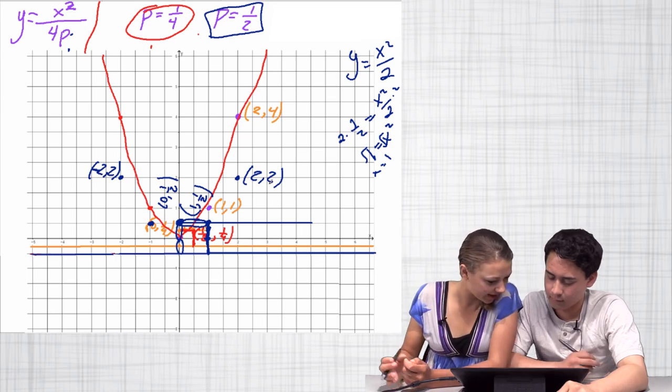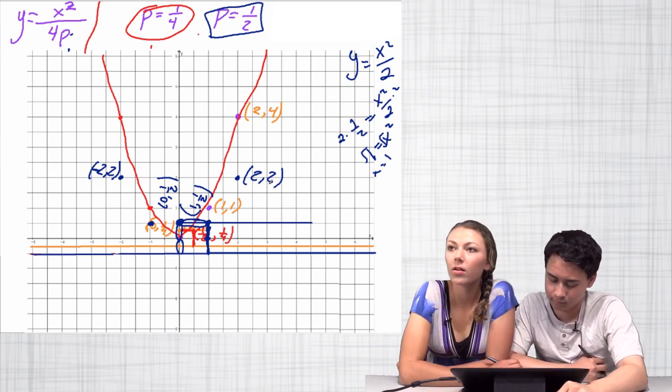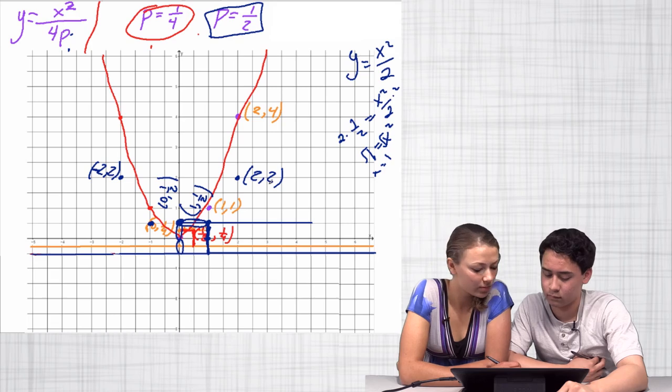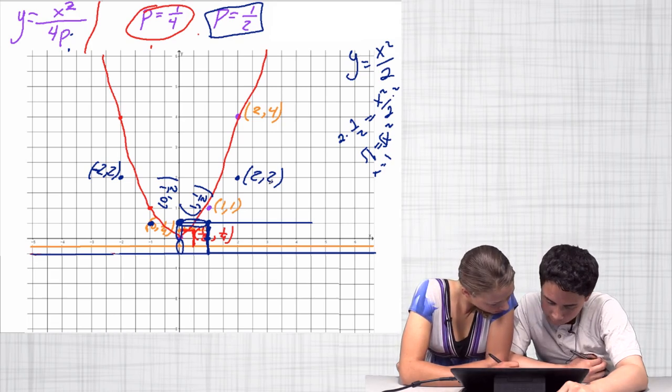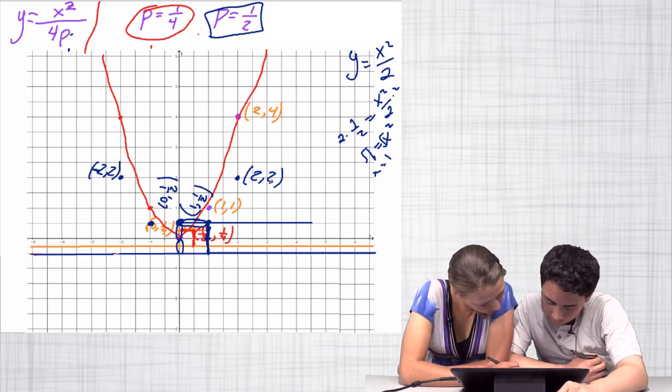I'm kind of interested that for the first parabola, you have a point that's (2, 4). What do you think the x value would be for y to be 4 for this new parabola?